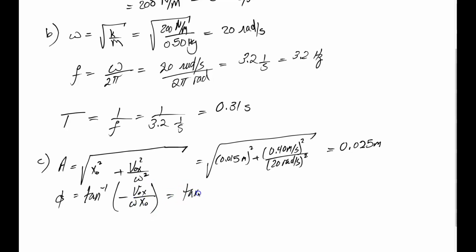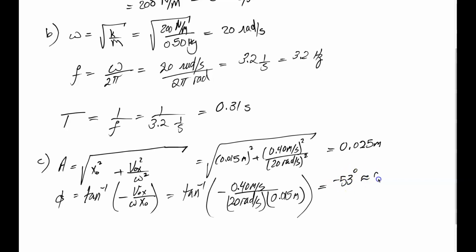So this is tangent inverse of minus 0.40 meters per second over 20 radians per second times 0.015 meters, and that gives us an angle of about minus 53 degrees, but remember we have to be in radians, so change this to radians by taking the 53 degrees times pi over 180 will give you that number.